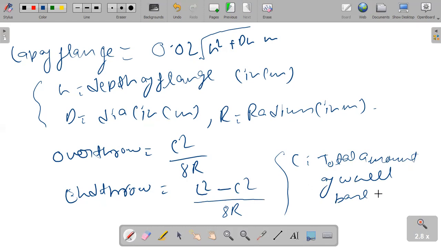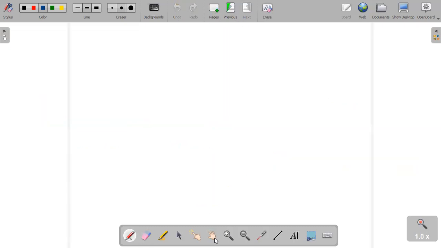Let's discuss the parameters of design of vertical curves, and types of gradients also. This will be our last topic in railway engineering.